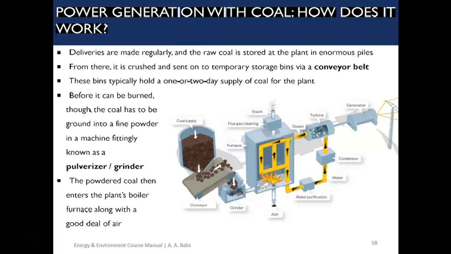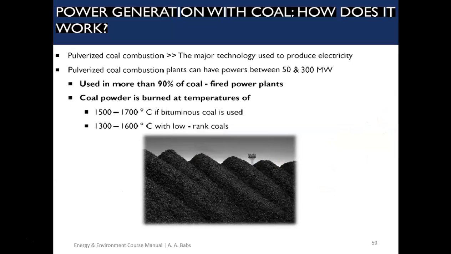Before we go on, it is important I quickly mention some details about pulverized coal combustion. Pulverized coal combustion is the major technology used to produce electricity. The plant can have powers between 50 and 300 megawatt. It is used in more than 90% of coal-fired power plants. Coal is burned at temperatures that range from 1,500 to 1,700 degrees Celsius for bituminous coal, which is the high-grade coal that we do know.